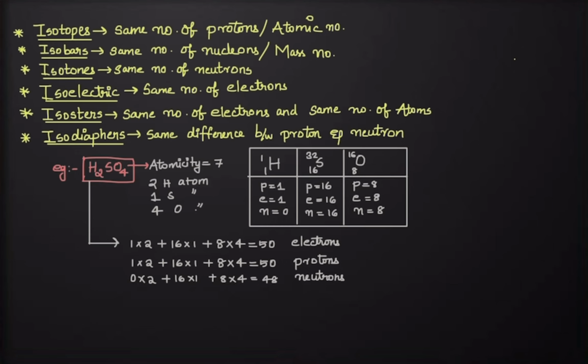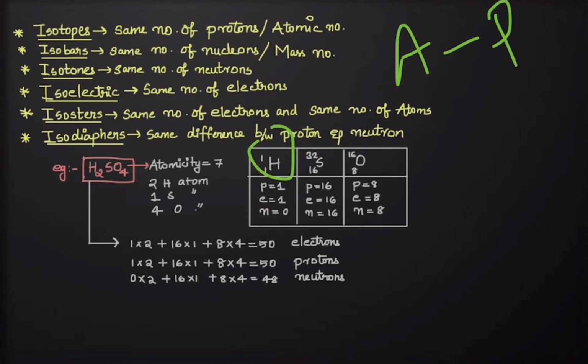For H 1 1, the number of protons is 1 and the number of electrons is 1. For a neutral atom, number of electrons equals number of protons, and number of neutrons is A minus number of protons.